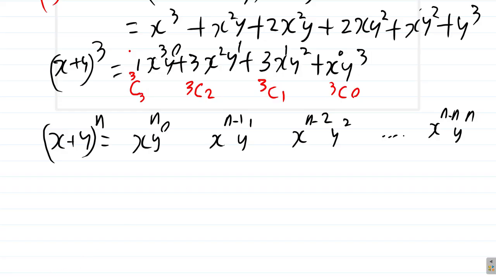So the coefficient here would be what? In this case, it would be nC something. Notice the 3 is consistent at the top here. So in this case, nC what?